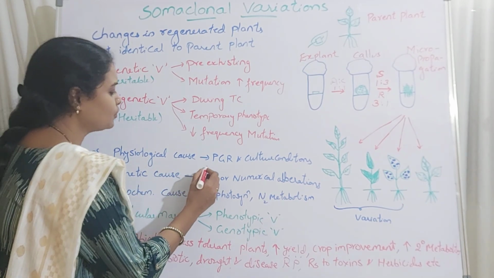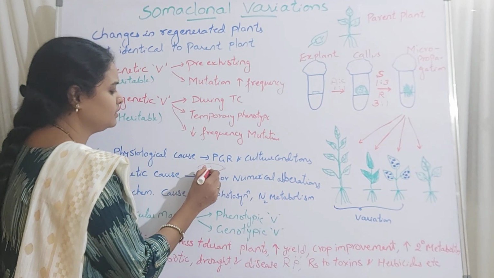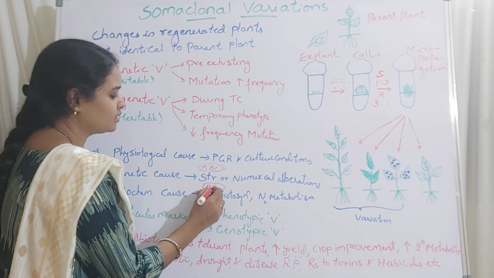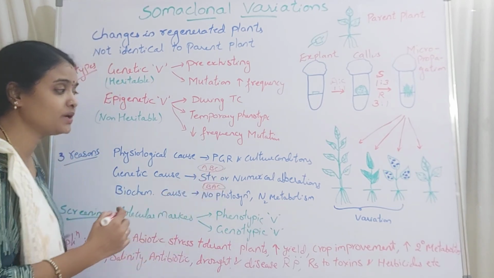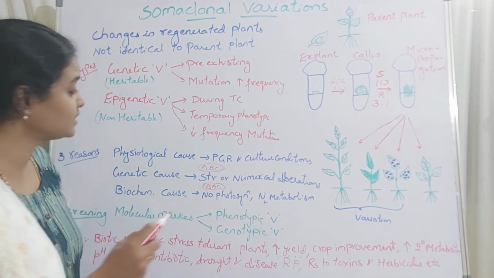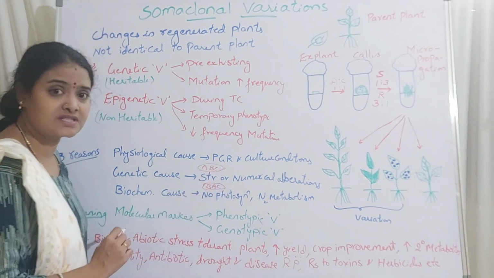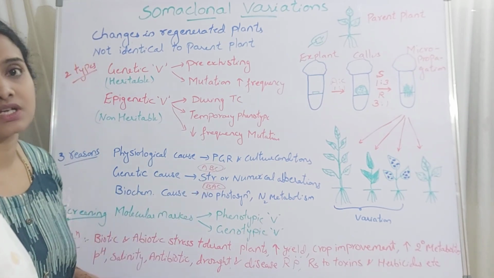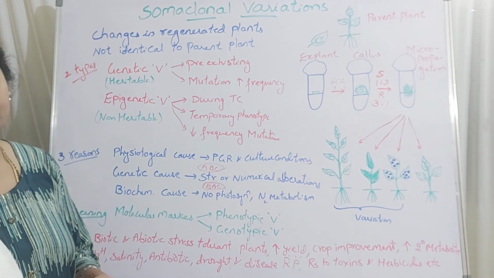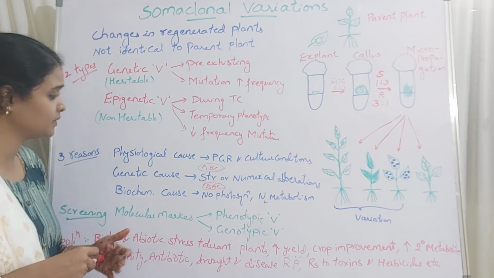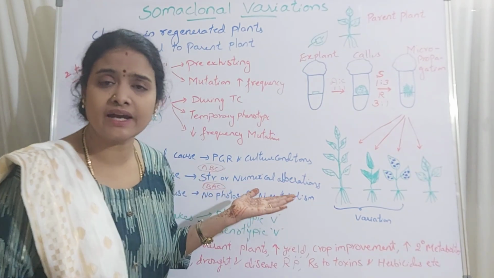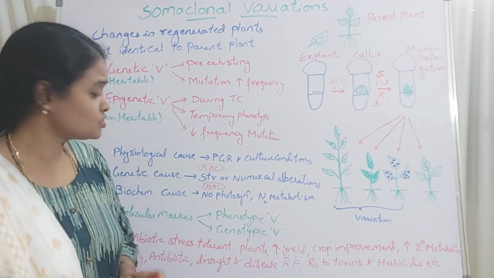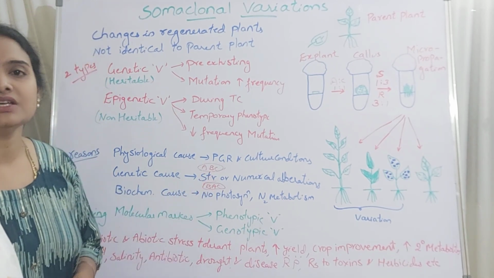That means if you have genes A, B, C, there may be B, A, C. Their arrangement is changing, but the number of genes present is the same. Is that clear? Only the structure changes, not the number, right? This change in structure may be due to base addition, deletion, translocation, transversion, inversion, right? So the structure of the chromosome may change.